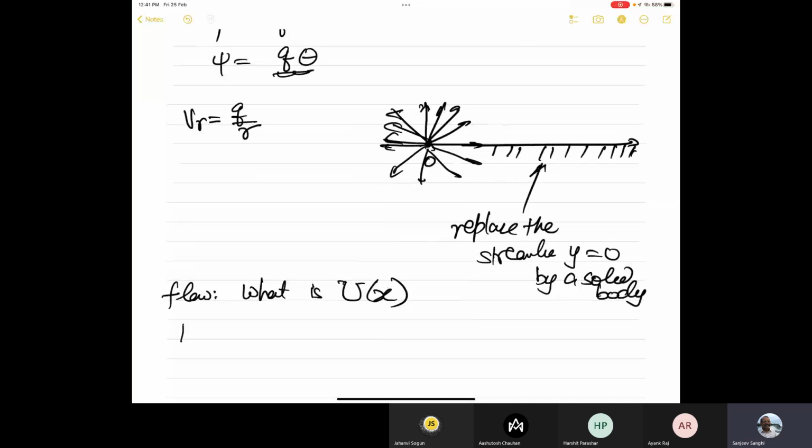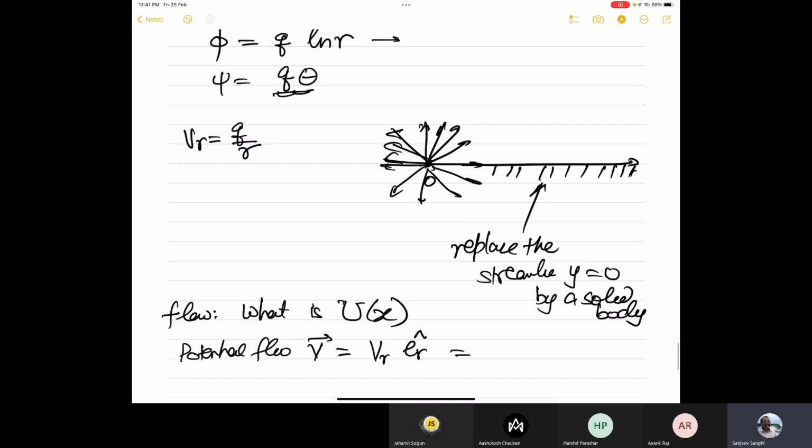So let's see how to find this. In potential flow solution, the velocity for a source flow has only a radial component v_r e_r, which is equal to 1 over r partial phi by partial r.